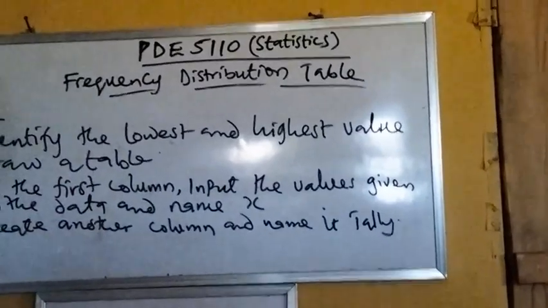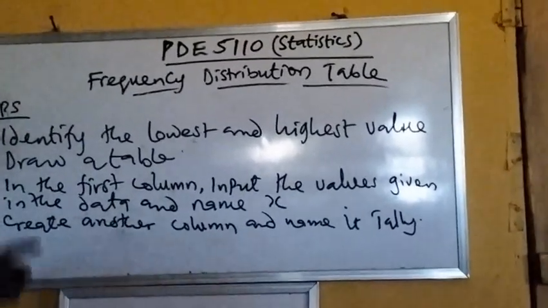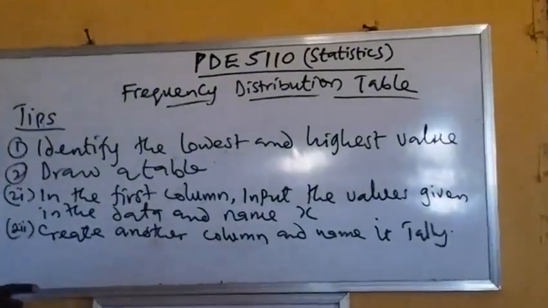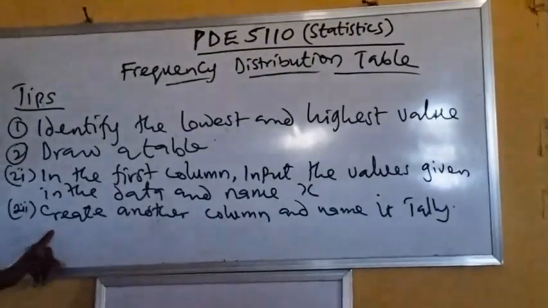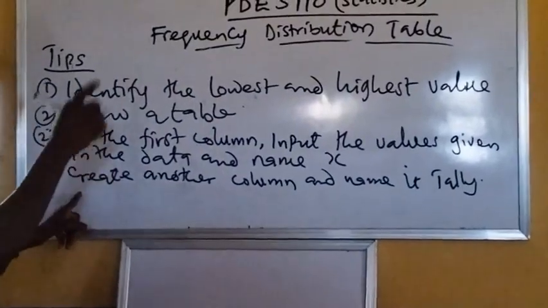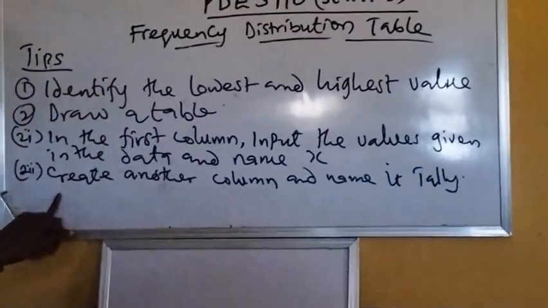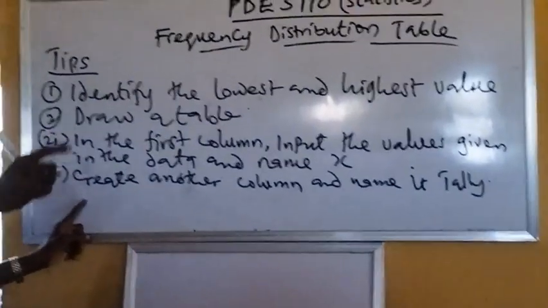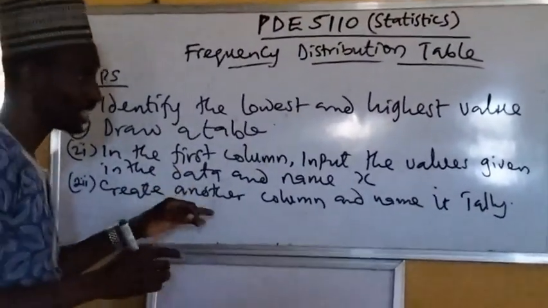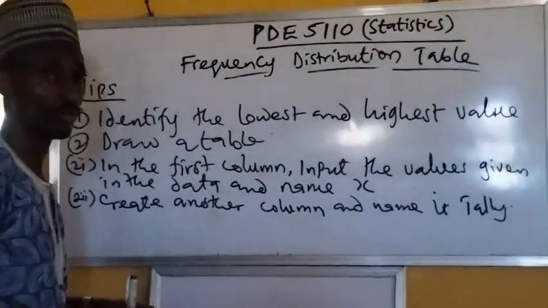Under this tally, we are going to use strokes and strike through. Each number found in the data will be represented by a stroke. When we get there, I will explain further.